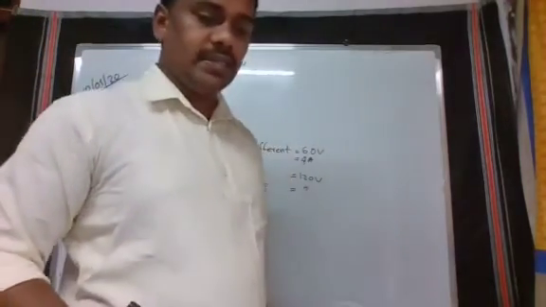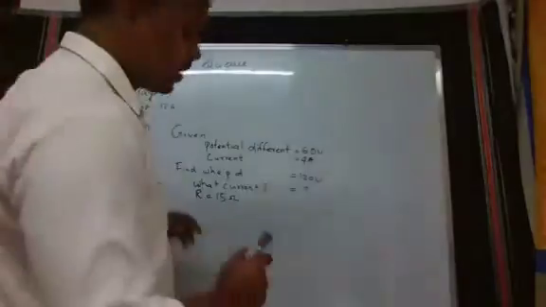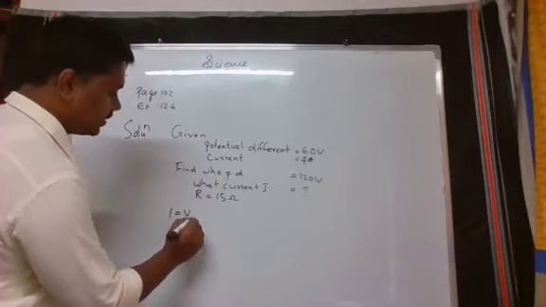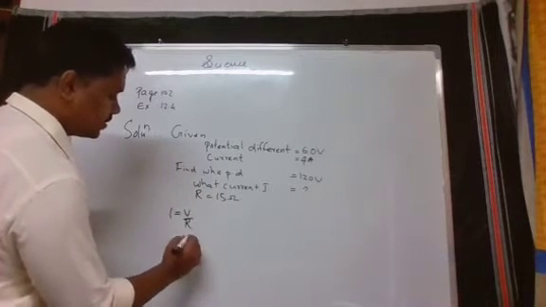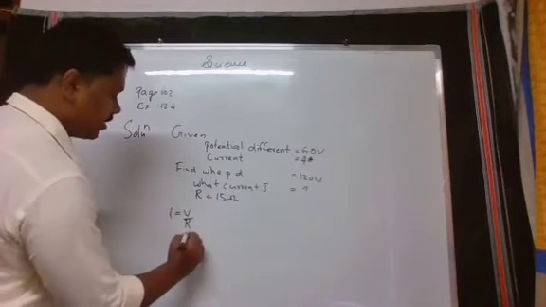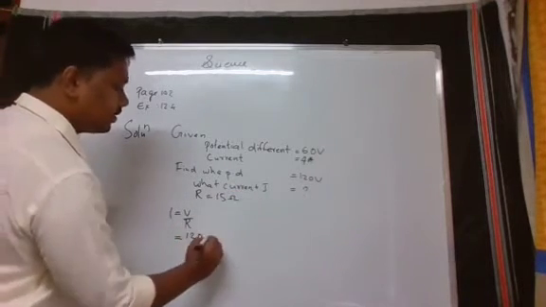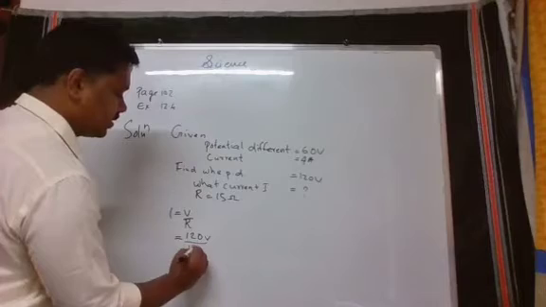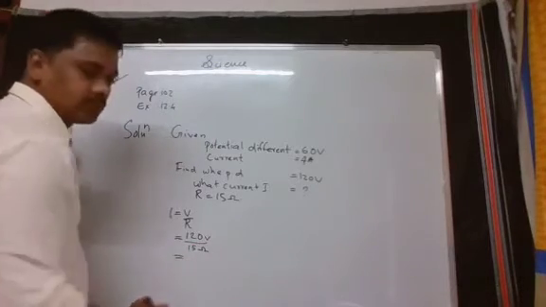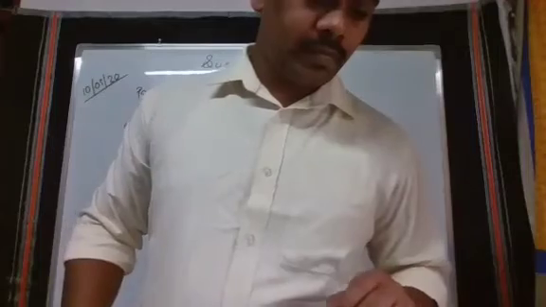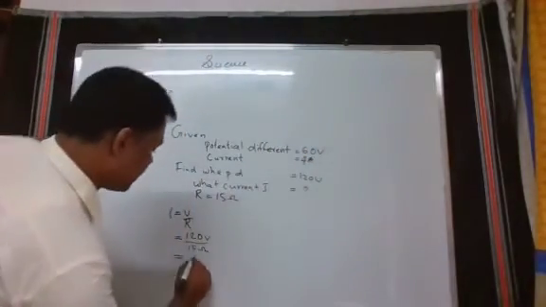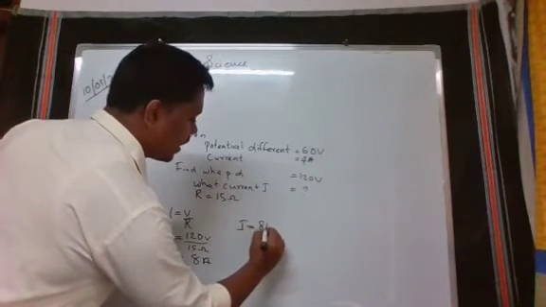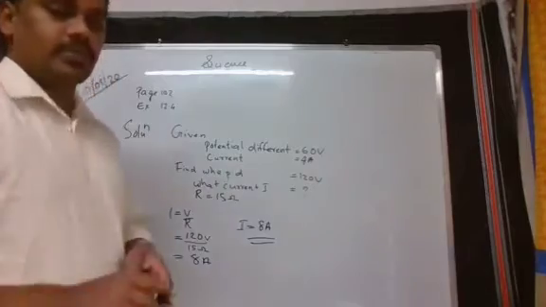Current I is equal to V by R. We have that equation, I is equal to V by R. So in the case of V, there is 120, and R is 15. 120 volt by 15 ohm, that is 120 by 15, that is 8 ampere. Okay, current I is equal to 8 ampere is the answer. Is it clear?